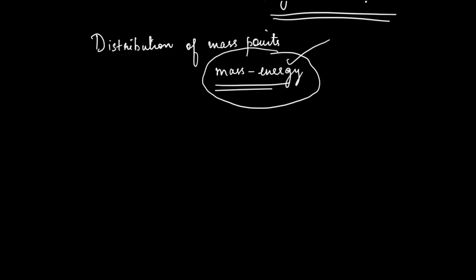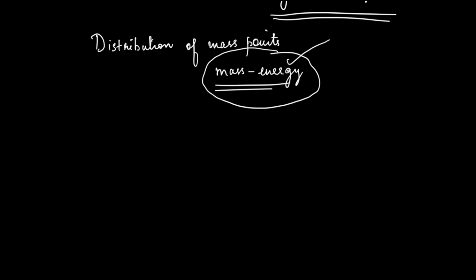Okay. Now, so what are the fundamental parameters of the gravitational field? So how can I relate this mass energy to the space-time? So for that we use a quantity which is known as energy momentum tensor.